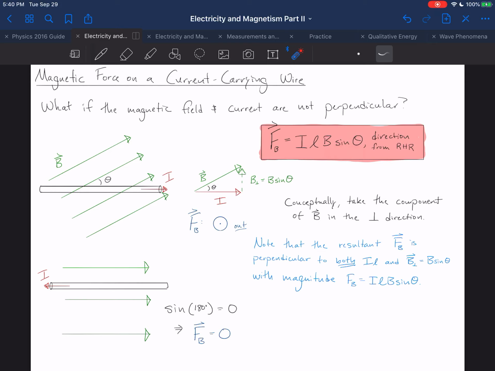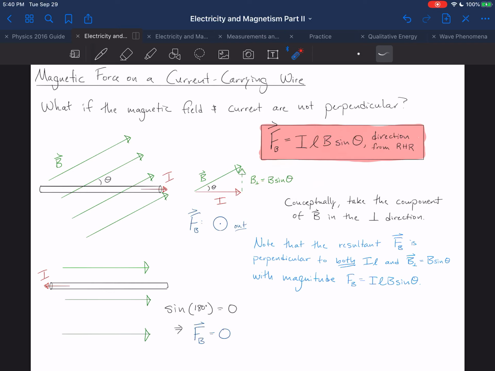To find the direction, think about how much of the magnetic field is perpendicular to the current. You're going to decompose the magnetic field, perhaps in your head, and think about how much of this magnetic field at an angle to I is perpendicular to I. Notice that the magnitude of that magnetic field perpendicular to I is B sine theta.